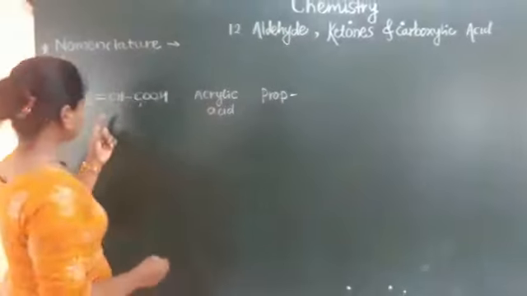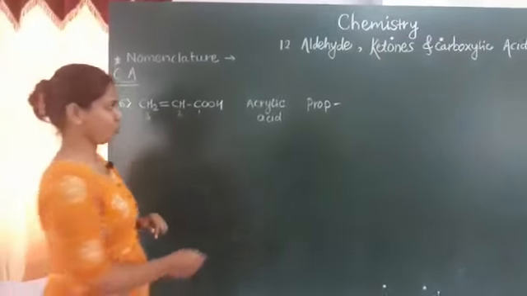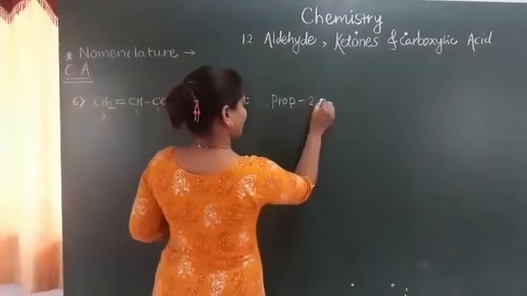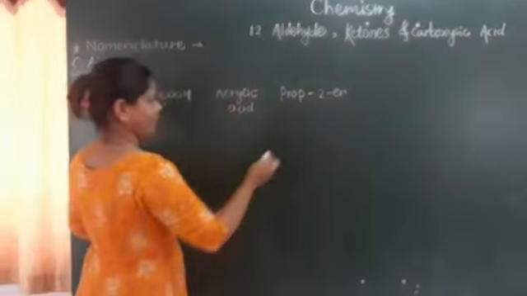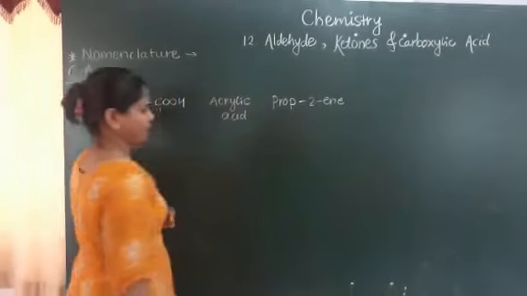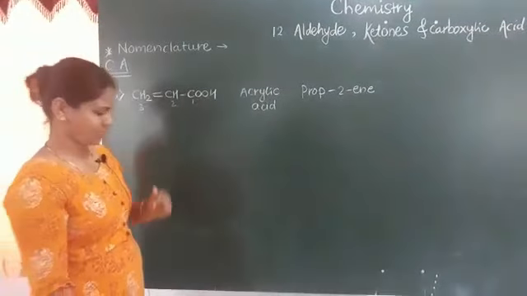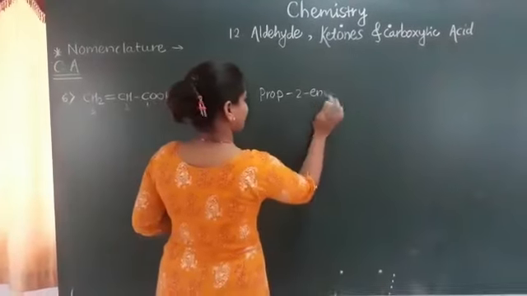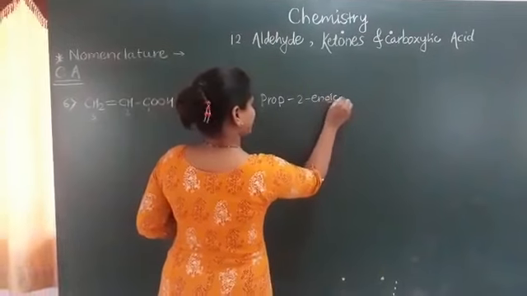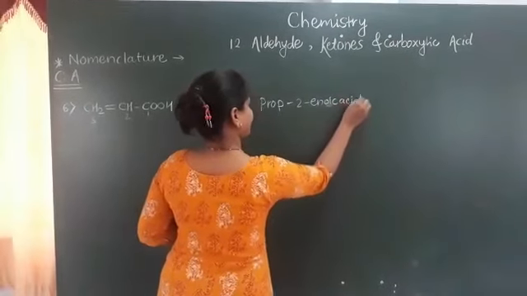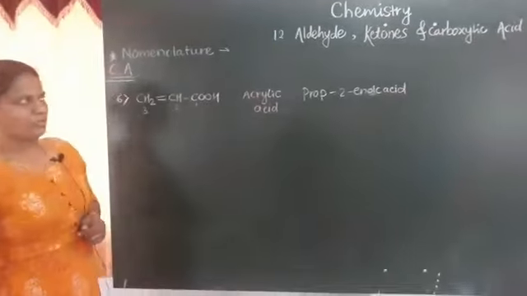Now here the double bond is given on the second carbon atom, so 2-en. Now ENE actually we have to write, but again one more functional group is there, that is carboxylic acid. So the E is replaced by OIC acid and the name is prop-2-enoic acid.